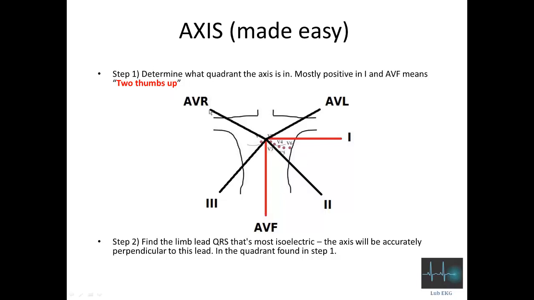And by first doing the two thumbs up sign, we would know that the axis is somewhere in this area here, not up here. And then we would just draw a perpendicular line standing at 90 degrees to the lead 3 line here, and we would see the exact axis in degrees if we drew a circular degree circle above this.